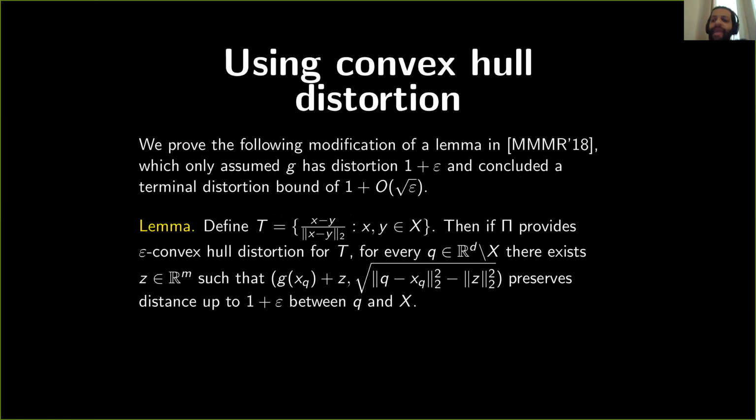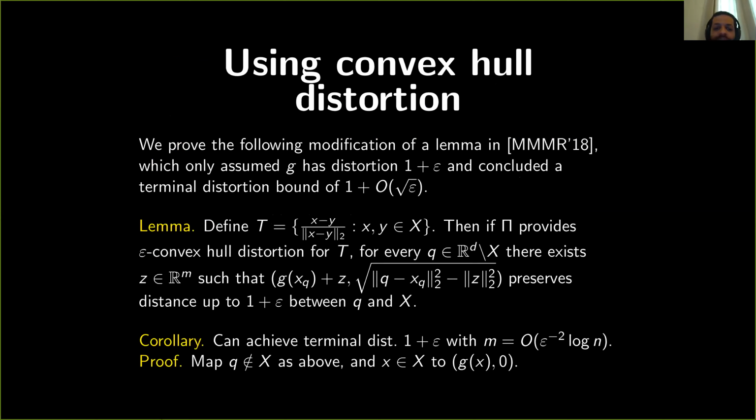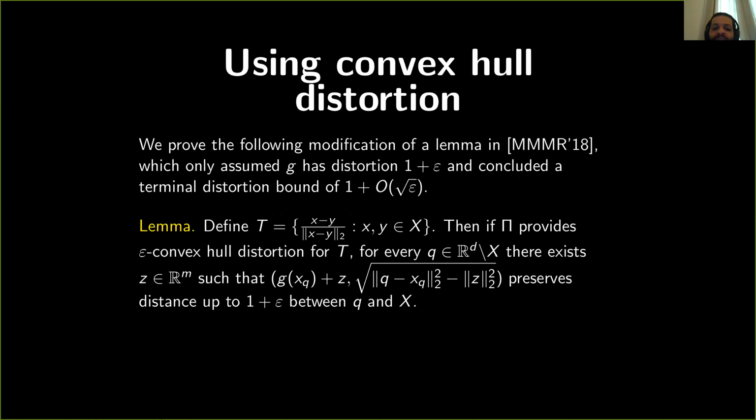If a matrix pi provides epsilon convex hull distortion for T, then for every query point in space that might not be in the original point set, there is some z such that if you translate g of xq, where xq is the nearest neighbor to q, by z, and then make your last coordinate the same thing that MMR was doing, you don't just preserve distances to q by 1 plus root epsilon, which is what they got, you actually preserve distances by 1 plus epsilon.